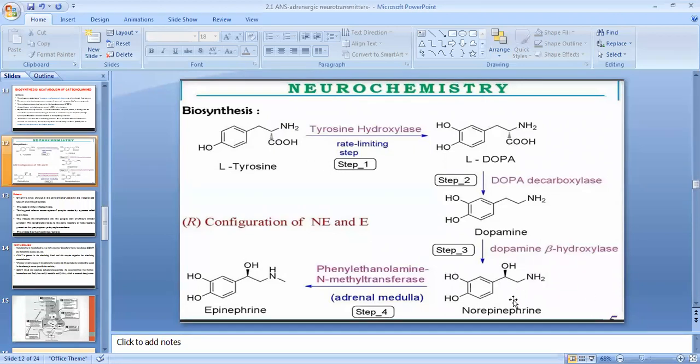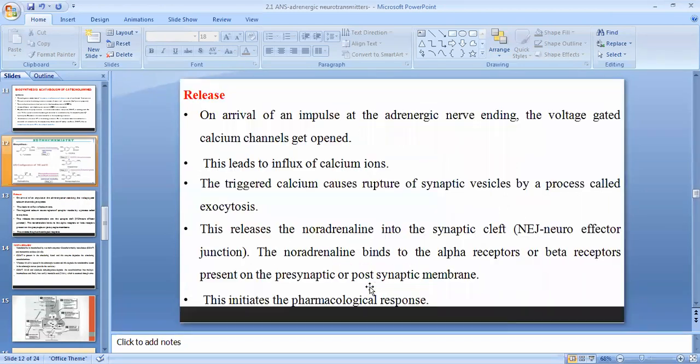Further, norepinephrine is converted into epinephrine by phenylethanolamine N-methyl transferase. One methyl group is joined to the amine group of the norepinephrine molecule, and that's why norepinephrine is converted into epinephrine. By these mechanisms, the neurotransmitters of the adrenergic nervous system are synthesized: dopamine, norepinephrine, and epinephrine.